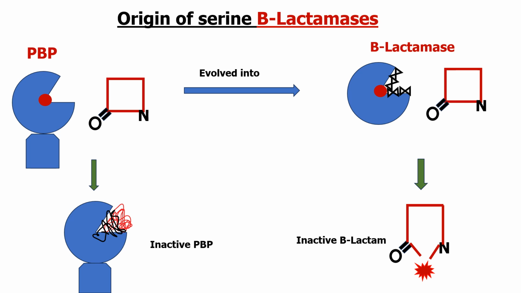You can see on the left side a penicillin binding protein that's inactivated by a beta-lactam ring. But on the right side you can see a beta-lactamase enzyme that's released by a bacterium and has evolved from a penicillin binding protein, which can destroy the beta-lactam ring and render it inactive.